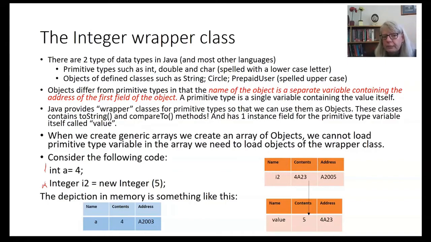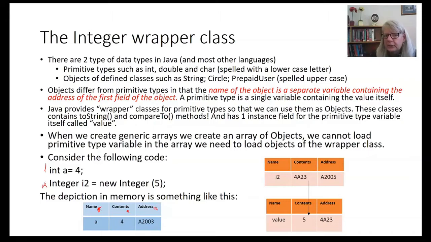For every primitive variable in memory, you have three things. One, there's a name, in this case a, then there's a content or a value, and it is always stored at a specific position or memory address. Well, what number is A2003? That is a hexadecimal number.